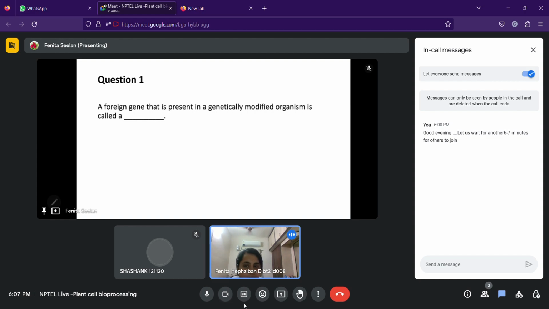Foreign gene that is present in a genetically modified organism is called a dash. Yes, transgene. So what do we mean by transgene?